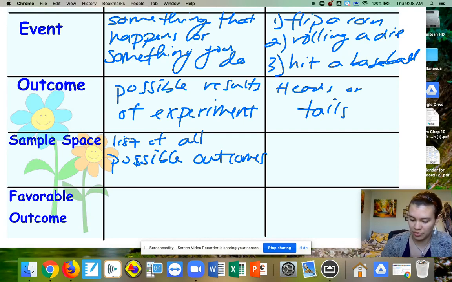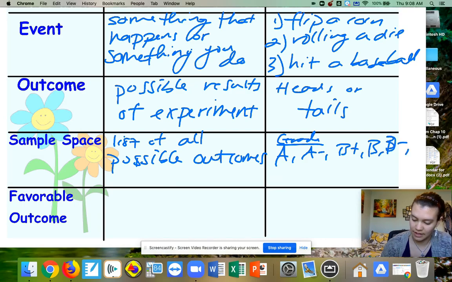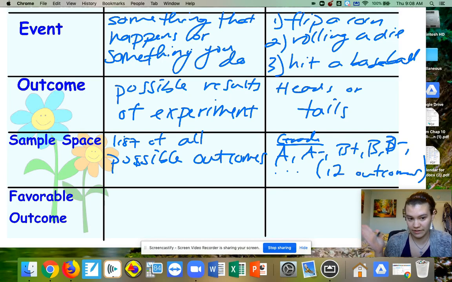So for example, if we wanted to list the sample space of grades, you have an A, A minus, B plus, B, B minus, etc., which then would be a total of 12 outcomes if you count them all. So it's just your list of everything that could possibly happen.